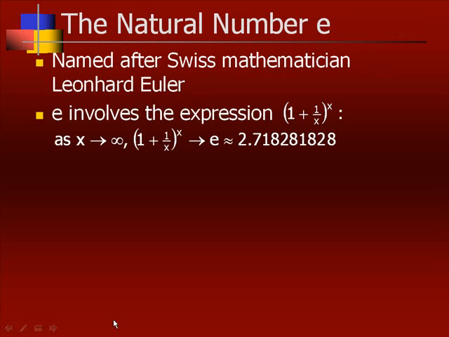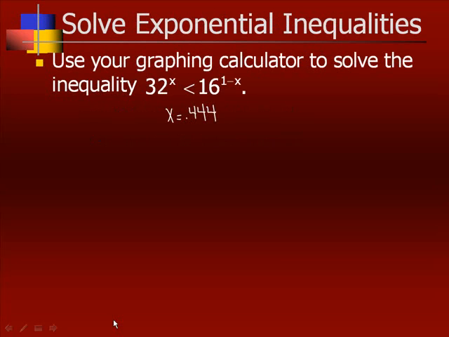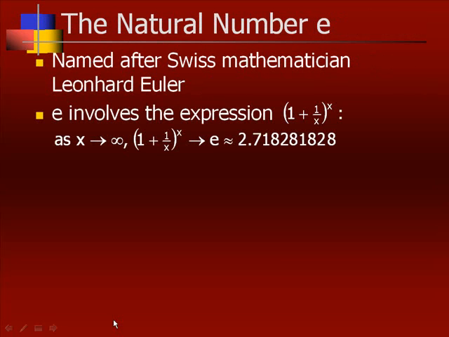Now, the natural number e is named after the Swiss mathematician Leonhard Euler. E involves the expression 1 plus 1 over x to the x. And what it means is, as x gets larger and larger, the expression 1 plus 1 over x to the x gets closer and closer to 2.718281828 and so forth.